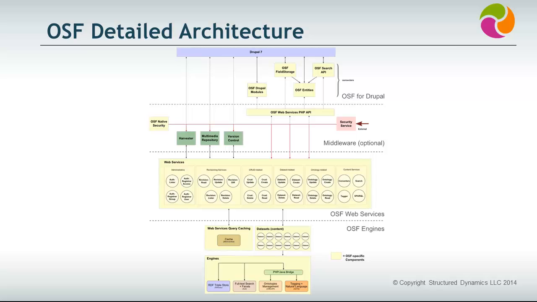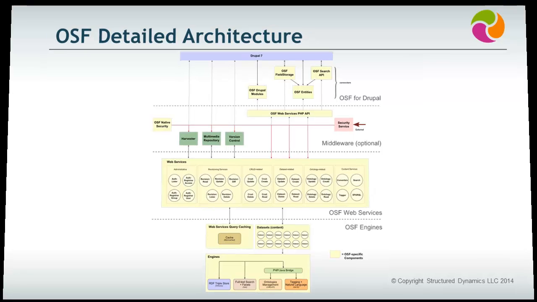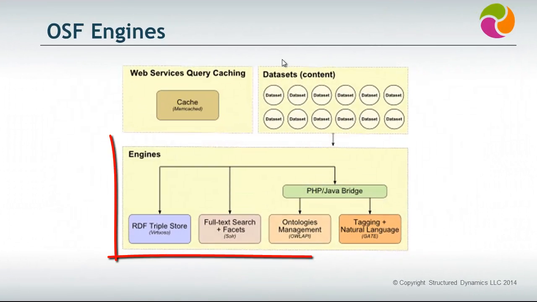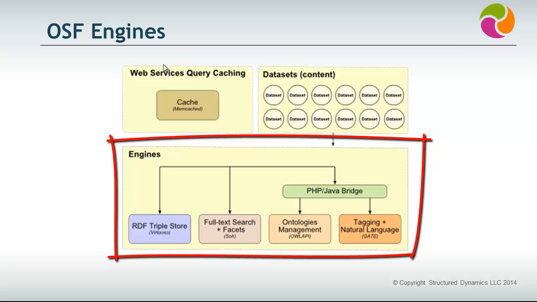Now, a subsequent session will go into considerably more detail around the architecture. Here's the big diagram, but let's just briefly look at these three major pieces. At the bottom layer is what we call the OSF engines.